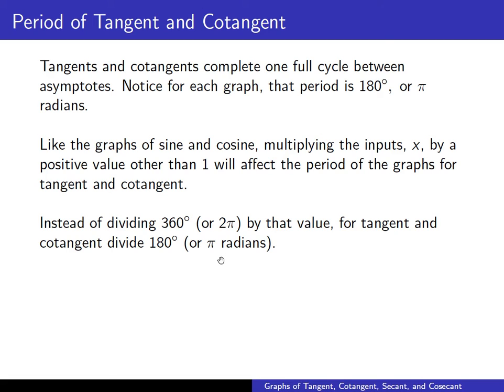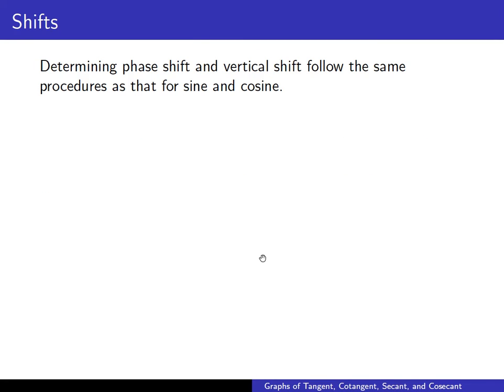With tangent and cotangent, we divide 180 degrees or pi by the number that we're multiplying our inputs by. For phase shifts and vertical shifts, they follow the same procedures as that for sine and cosine. So there's no news on the phase shift and vertical shift front for tangent and cotangent. Same thing you did for sine and cosine.